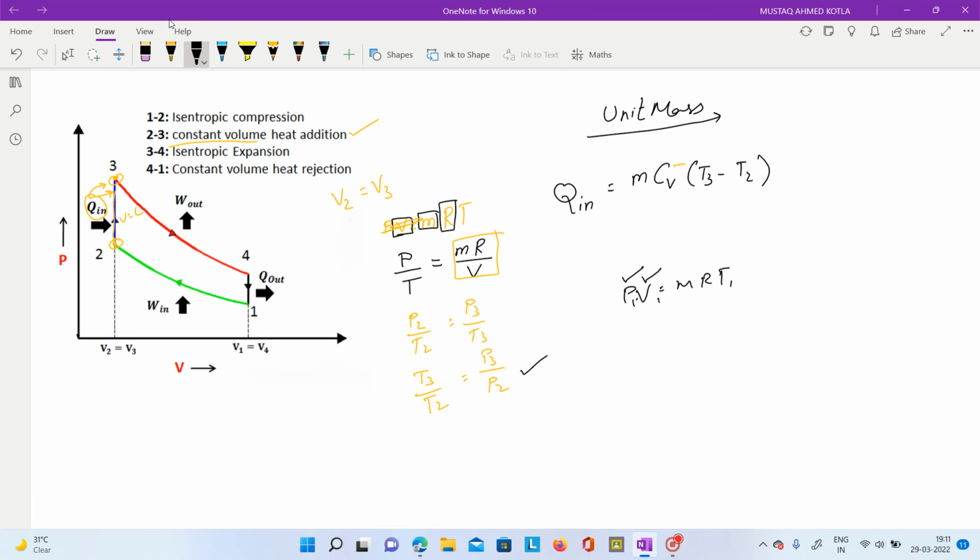R is the universal gas constant 0.287, and T1 is the temperature given, and the one and only unknown value at position 1 is mass. We can find M equals to P1 V1 by R T1. Okay, if and only if in the question there is nothing about the mass given. If they give the term unit mass or per unit mass anywhere in the question, please take m equals to 1. Don't forget.